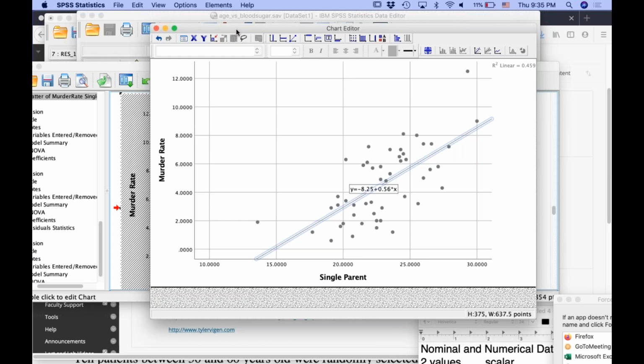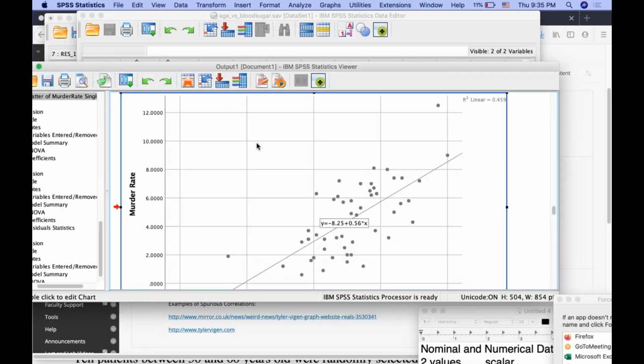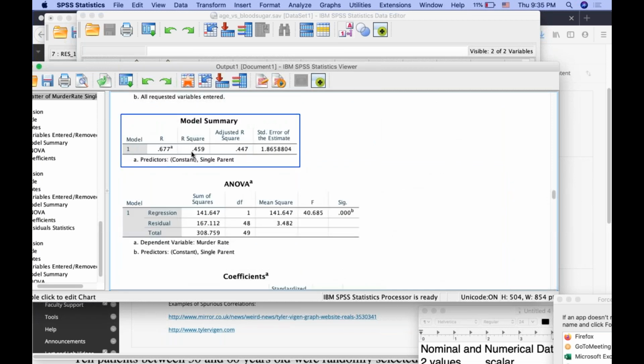Now I want to show you one more thing, and that is the little r squared that we looked at before. That r squared is important to us, because what it tells us is that 46%, I can round it off, of the variability in the dependent variable, the murder rate, is predicted by the independent variable, the percentage of single parent households.